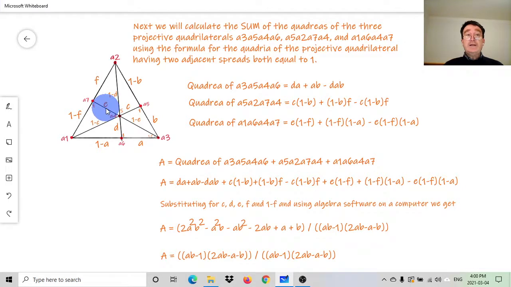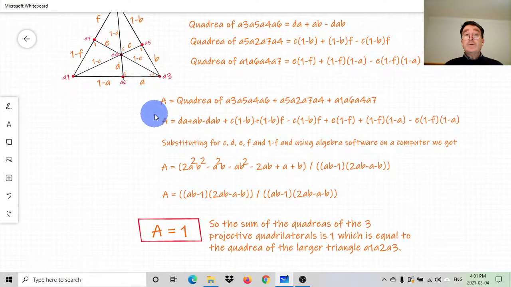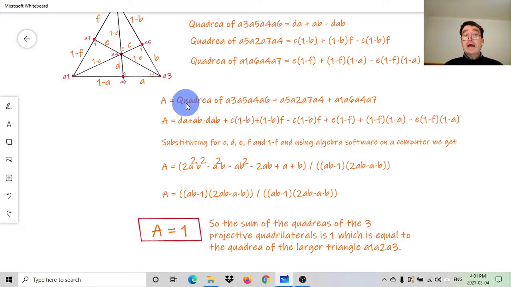It's going to be E times 1 minus F plus 1 minus F times 1 minus A minus E times 1 minus F times 1 minus A. And we add the quadria of those three quadrilaterals, and adding those values all together results in this formula.